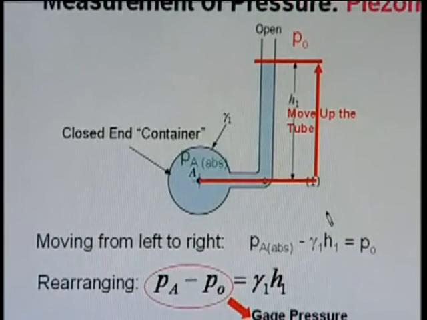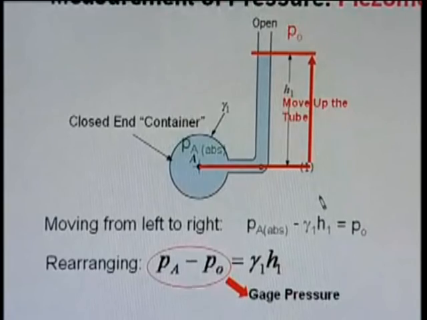This height of the fluid can be measured with the help of some suitable scale depending on the nature of accuracy. And if γ of the fluid is known to us, and if we measure the absolute pressure with reference to P₀, then this pressure will become gauge pressure, and we may write PA − P₀, the gauge pressure, is equal to γ₁H₁.